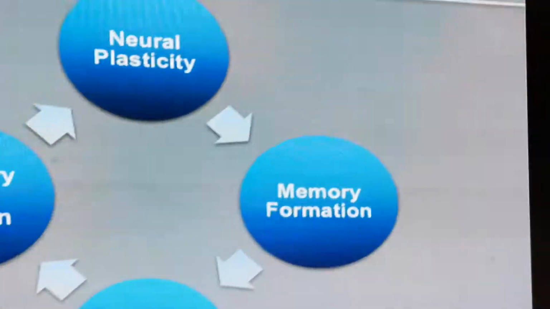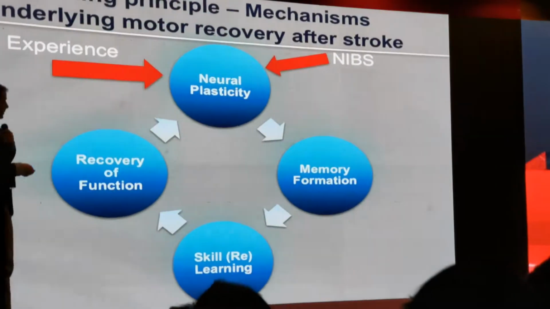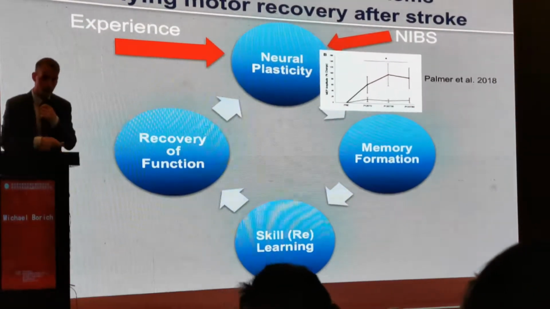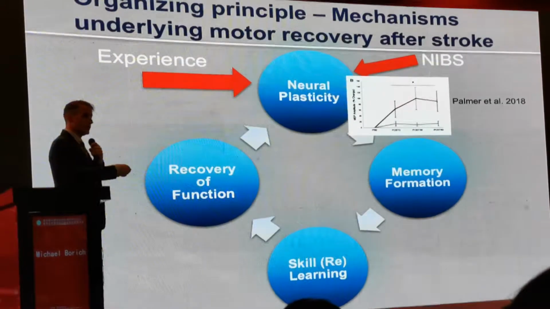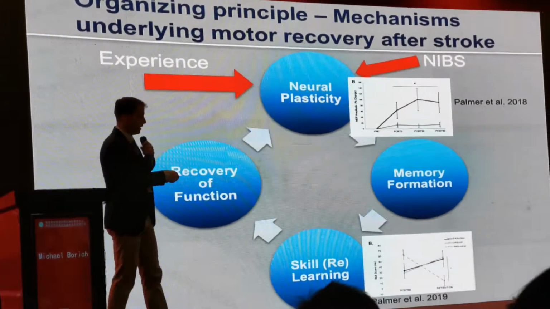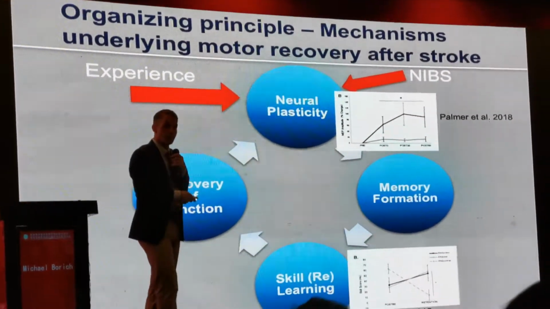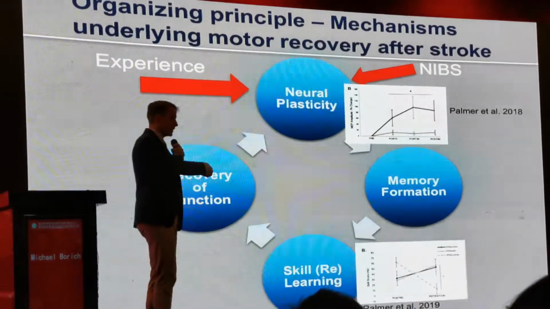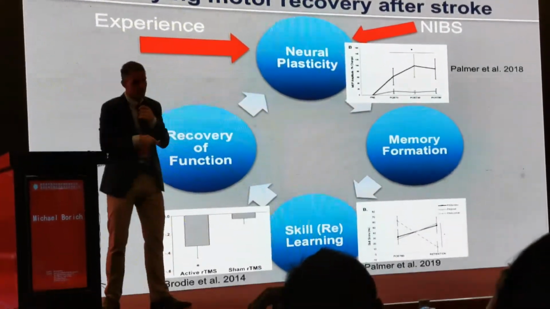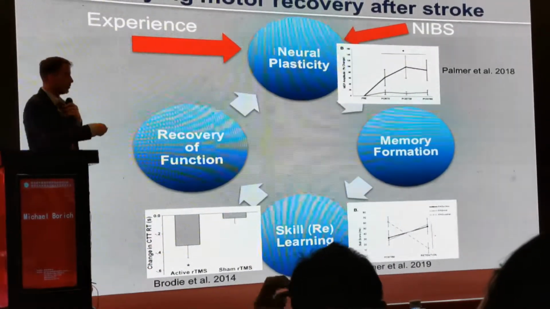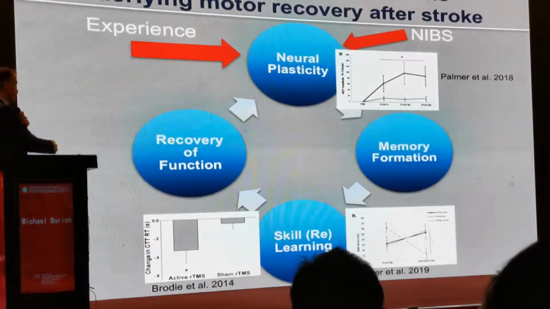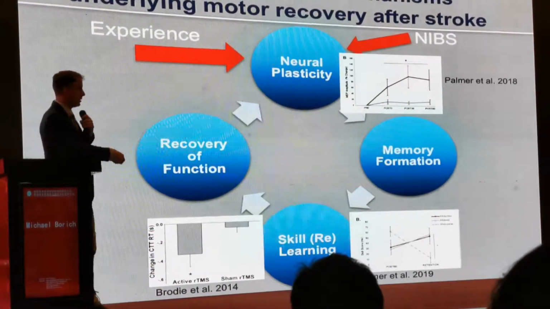Okay. So this is just a summary of some other work in the lab that we've done, showing that we are able to induce plasticity, that it seems to support memory formation as evidenced by enhanced skill learning. That's what I showed you earlier. And there's data that I didn't show you: in individuals with stroke, we can see improvements in performance. I showed you healthy data.